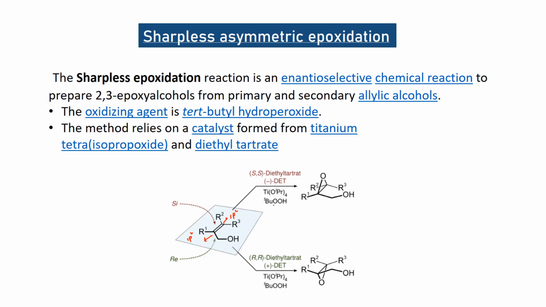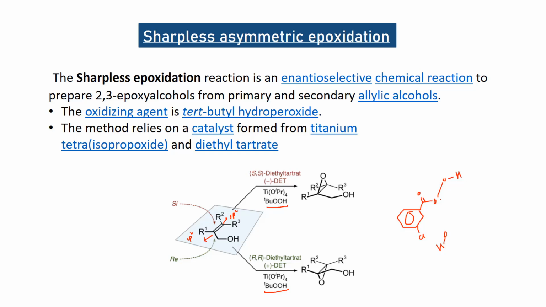So instead of mCPBA, here we have to use tertiary butyl hydroperoxide. mCPBA is metachloroperbenzoic acid, and this is hydrogen peroxide.